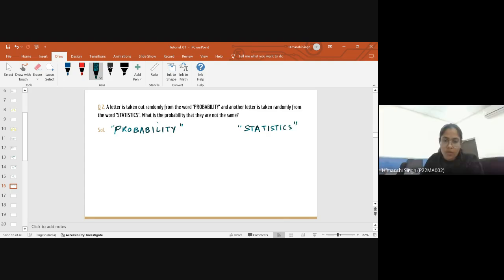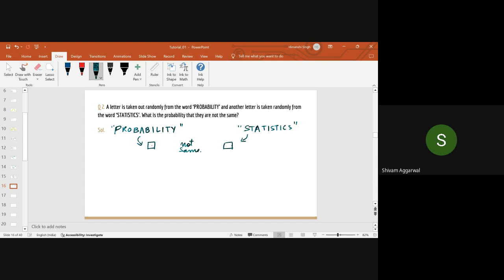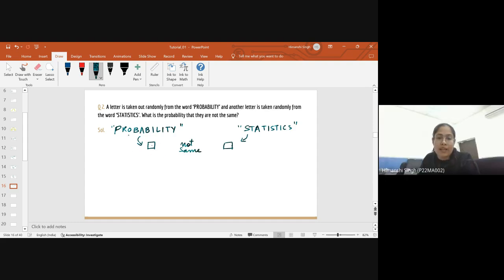It is asking what is the probability that they are not the same. So I am taking one letter from here and one letter from here, and they're asking what is the probability that these two letters are not the same. There are many letters in probability and in statistics which are not the same, so it will be a little lengthy task to answer this question.